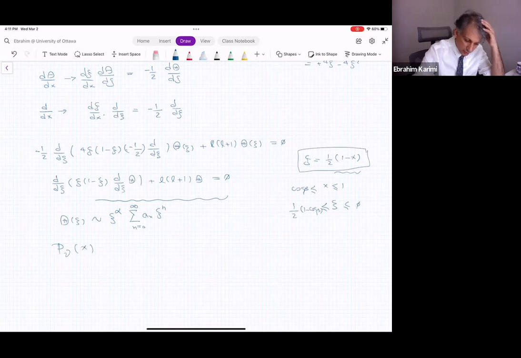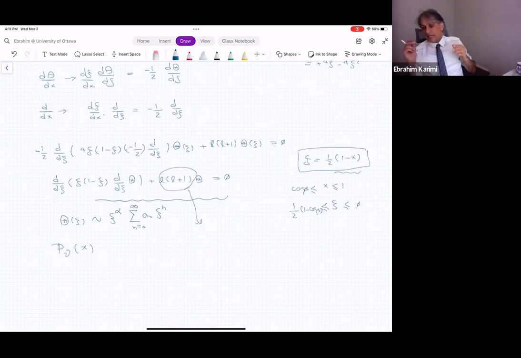And what is new, because previously we assumed that that is given by L times L plus 1, because the series should be bounded. If you remember, we say that at x equal to 1 and minus 1, the series should be converging. So that poses a condition that L should be an integer quantity. But here, there is no condition like that anymore, because the differential equation is completely different.